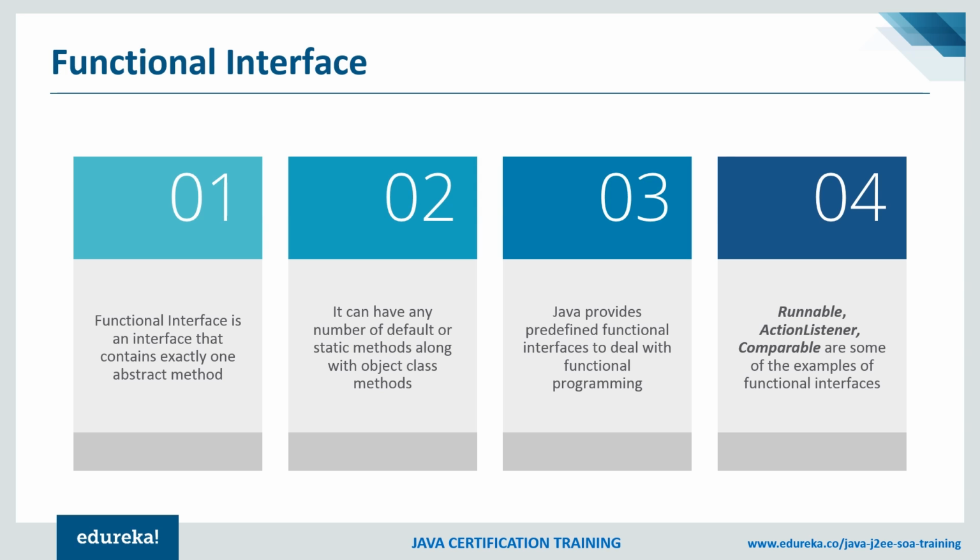We also have ActionListener, which has a method like actionPerformed. We can have any number of default or static methods. Java provides predefined functional interfaces so that we can deal with functional programming very easily. Runnable, ActionListener, and Comparable are some examples of functional interfaces.